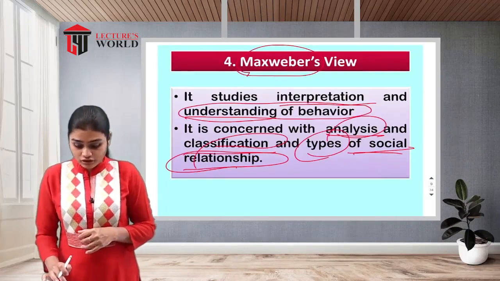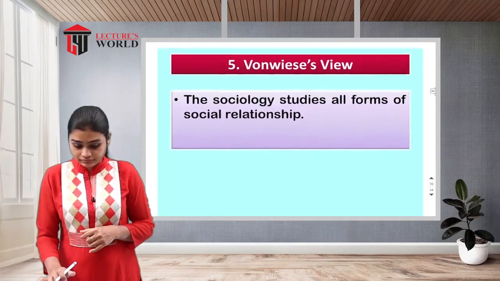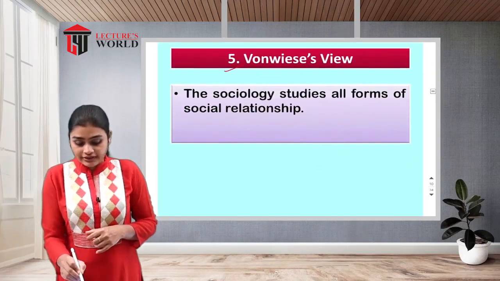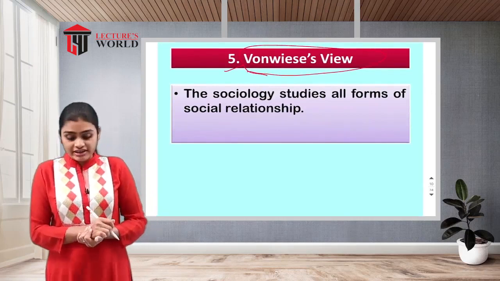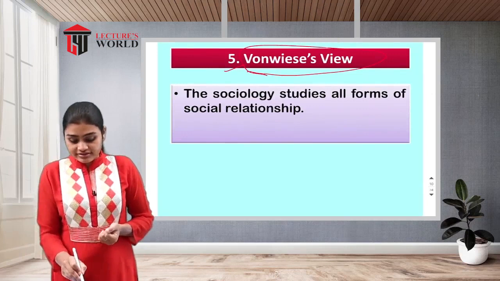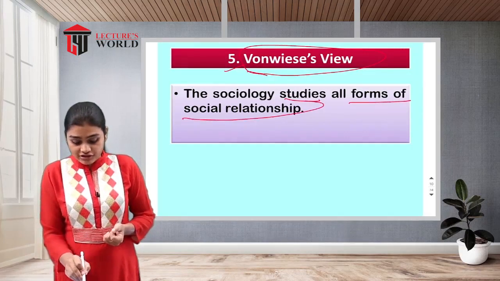The next sociologist, the fifth one, is von Wiese. According to von Wiese's view, the sociologist studies all forms of social relationship.